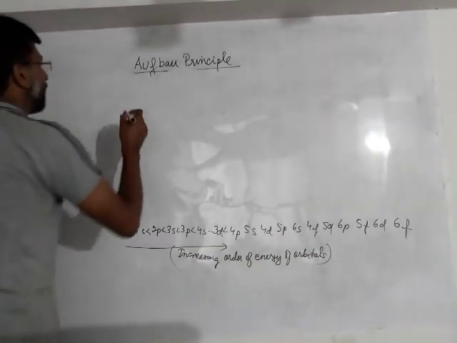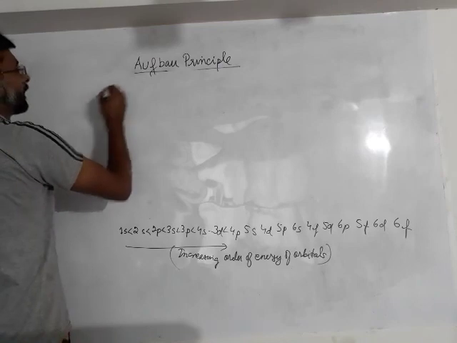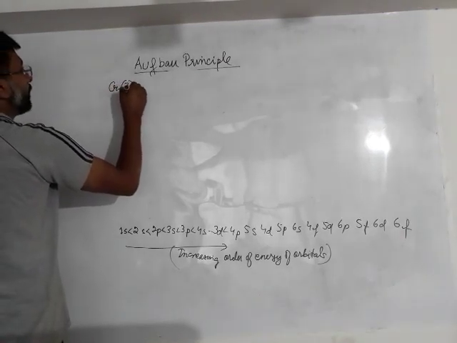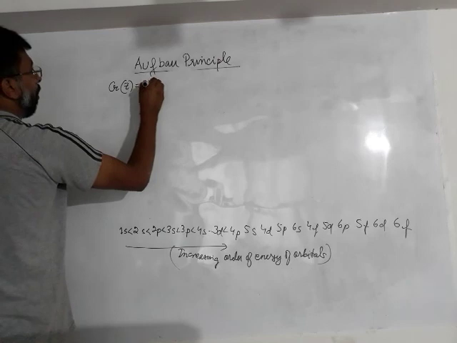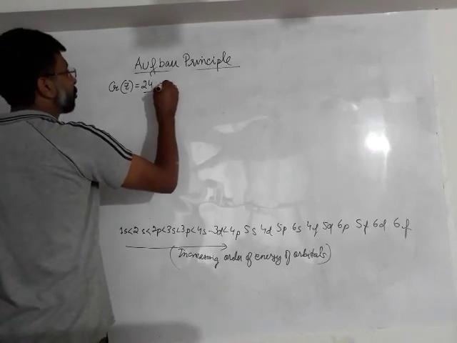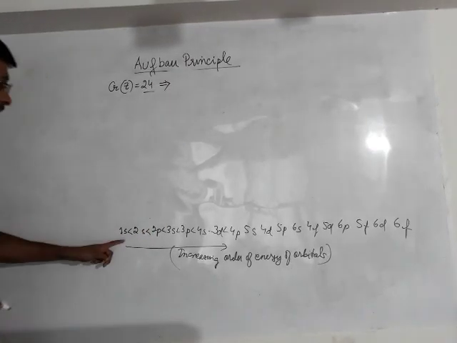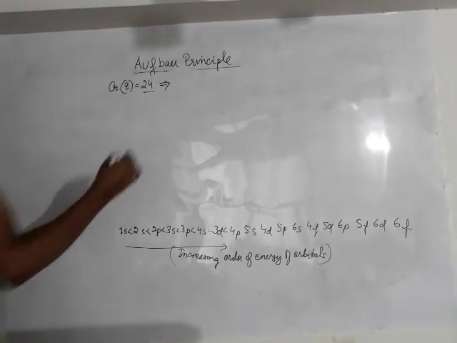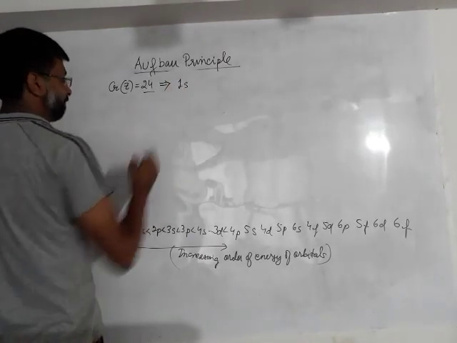For example, if I bring an element, say chromium, the atomic number of chromium is 24. So let us write the electronic configuration of chromium by using this method. I will write 1s.